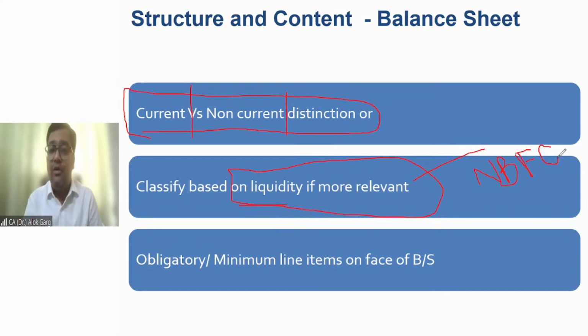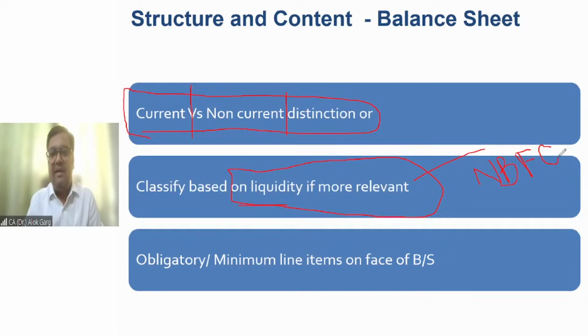Why? Because of the nature of the business. What is the business of banking, NBFC? The business of NBFC is to deal in money. They are into the lending business. They are lending money, they are getting money. So for this kind of entity, instead of current and non-current, financial and non-financial is more relevant.